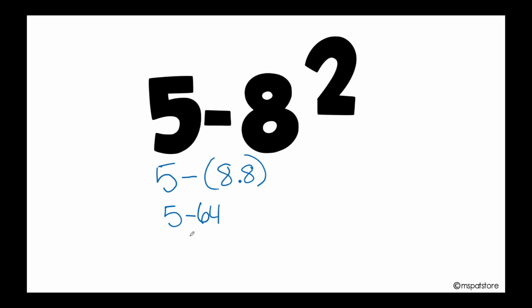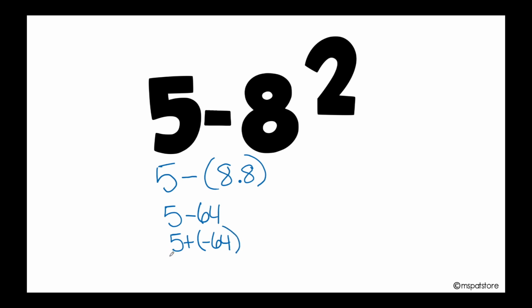And now I have a subtraction here. Remember that when I'm subtracting integers, you need to bring down the first integer and then add the opposite of the second one. As the second integer is positive 64, the opposite of positive 64 is negative 64.